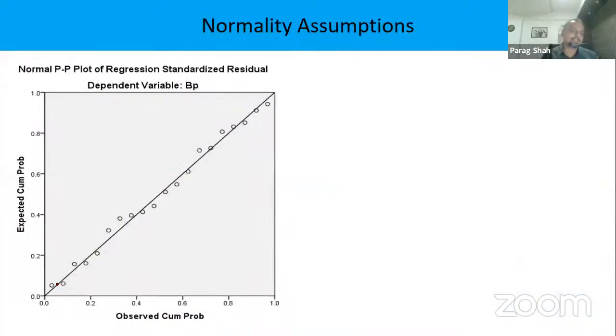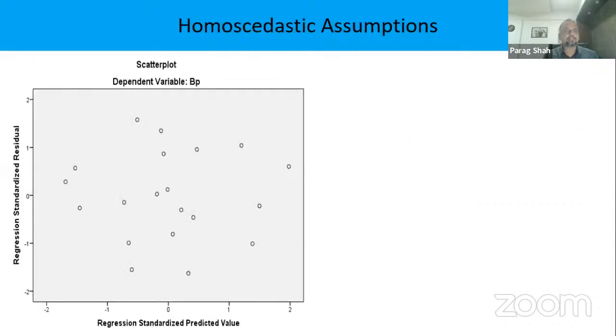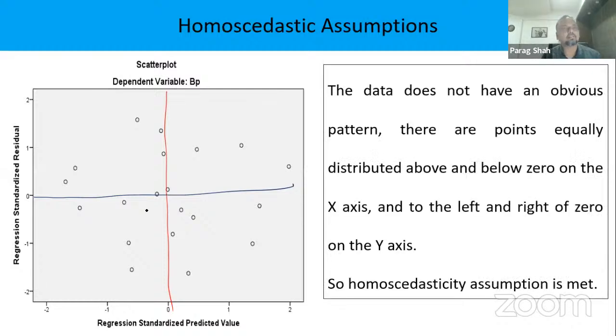Here you can see the points are almost near the line, so it is a normal distribution. Here you can see this is 0, to the left and right of this the points are almost the same, and to the top and the bottom also it is the same. So we say that the homoscedasticity assumption is valid.